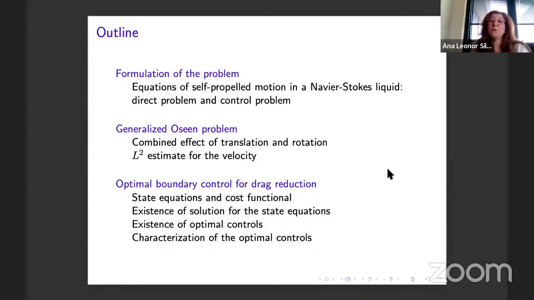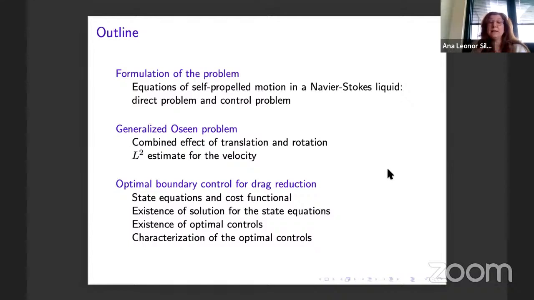After we have all this framework very well established, and once we have the well-posedness for the solutions of the coupled Navier-Stokes liquid equations and the rigid body equations, we are ready for the study of the optimal control problem.